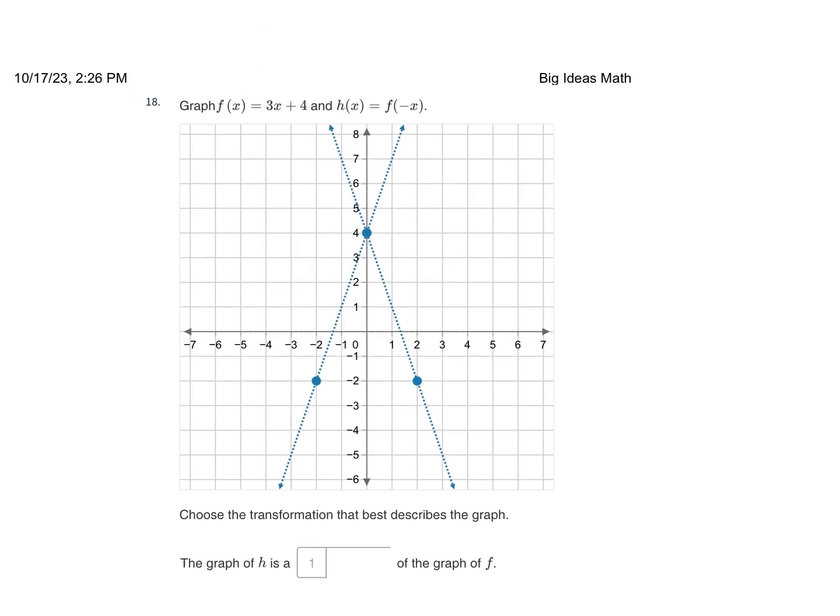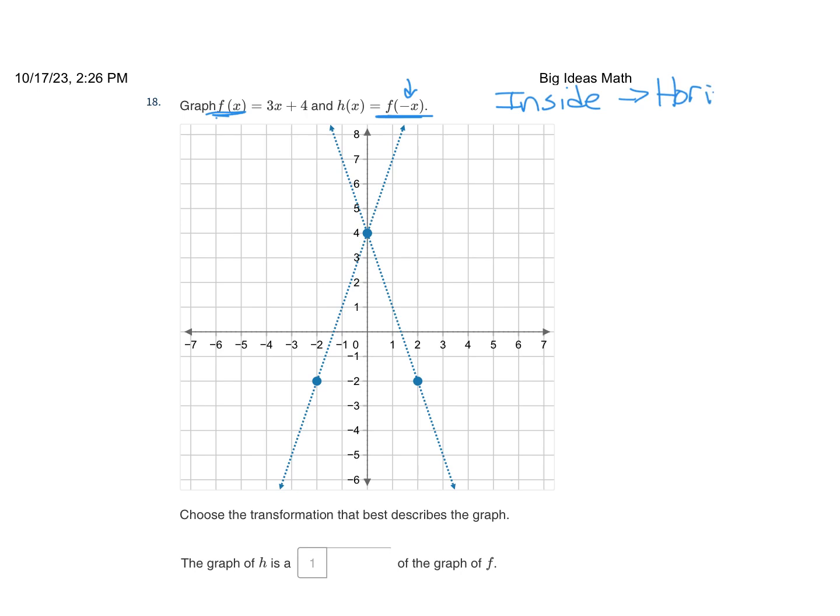Okay. All right, on this one, our change in our f of x, what did they do different? We've got that negative inside the parentheses. So if it's inside the function, it means that you're dealing with horizontal. Okay? So we're dealing horizontal.